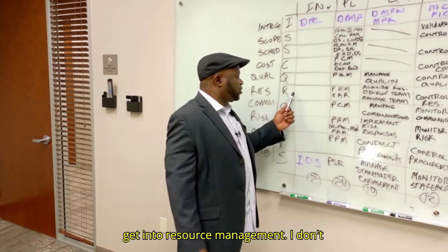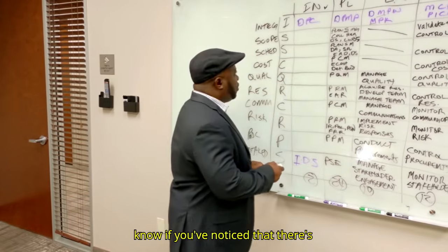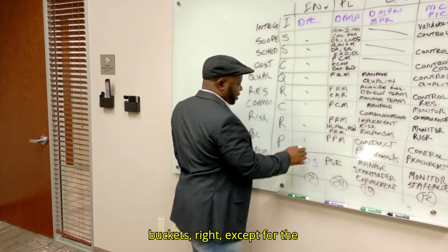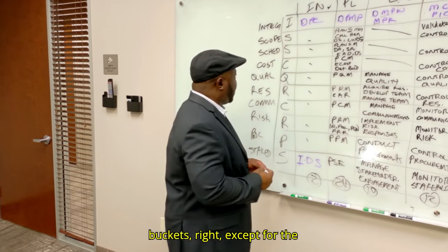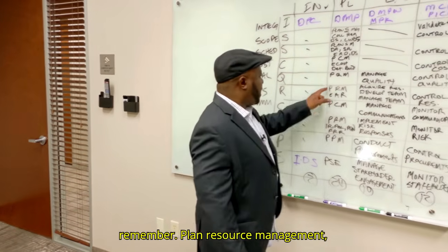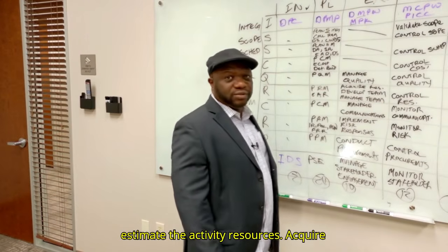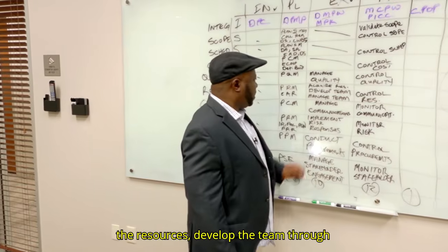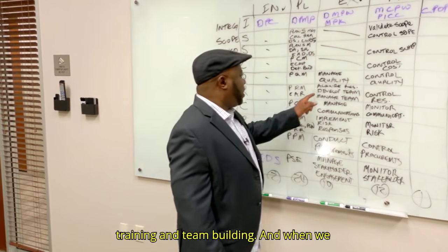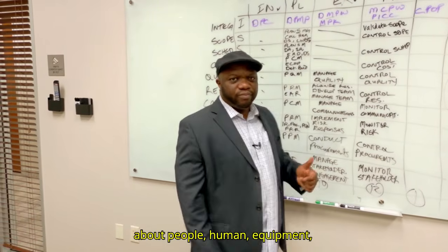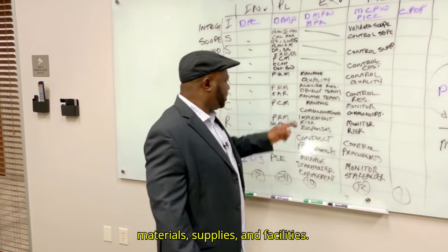We get into resource management. I don't know if you've noticed that there's nothing in all of these initiating buckets, right? Except for the top and the bottom, so that's easy to remember. Plan resource management, estimate the activity resources, acquire the resources, develop the team through training and team building. And when we say acquire resources, we're talking about people, human, equipment, material, supplies, and facilities.